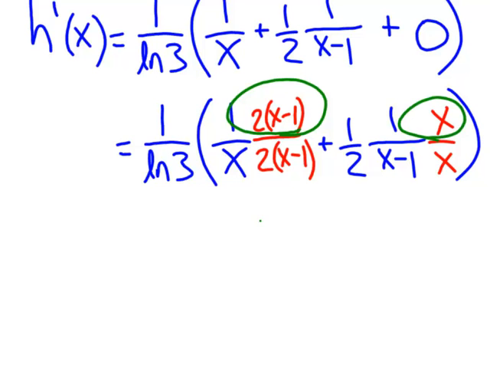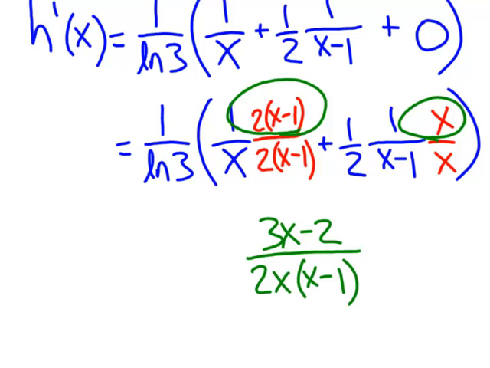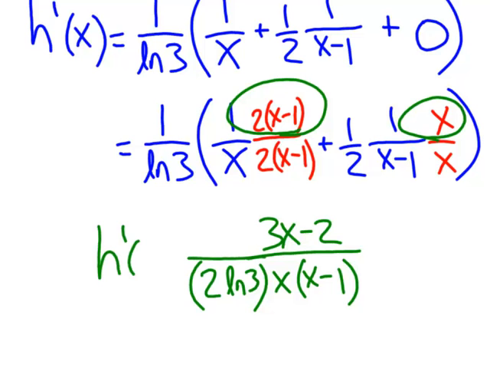So 2x minus 2 plus 1x, that's going to give us 3x minus 2, all over that common denominator, 2x, x minus 1. And that 1 over ln 3, I could leave it on the outside, or I could bring it down here. Let's put ln 3. Let's put some parentheses there. And let's call that our final answer, h prime of x.